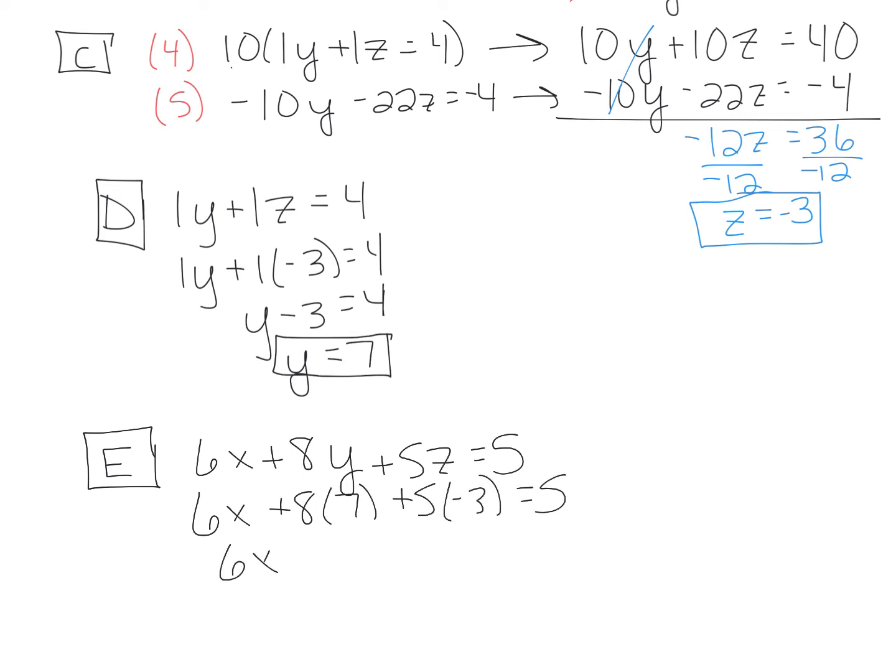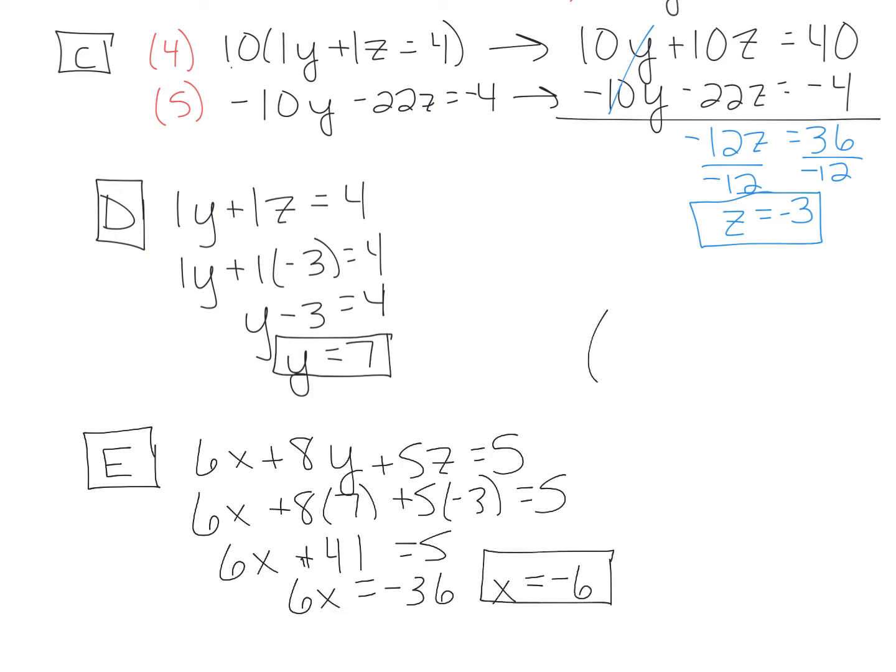So I have 6x. 56 minus 15 is 41. When I subtract 41, that's going to give me negative 36. So this is going to give me that x is negative 6. Writing my answer as an ordered triple, I have negative 6, 7, and negative 3 for the final answer.